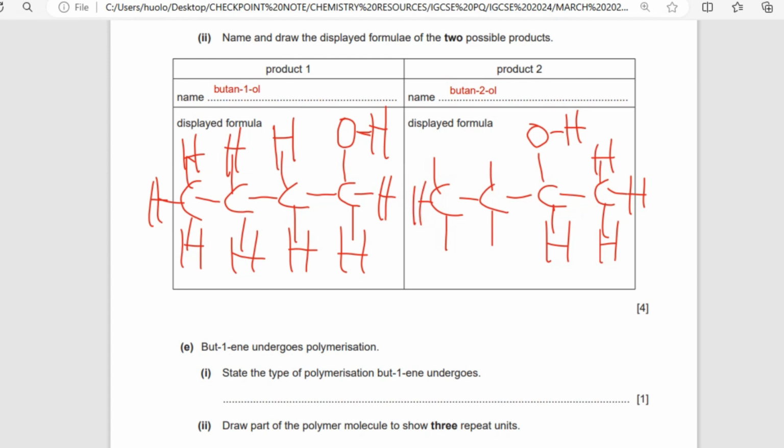Alright, I guess you don't have issues with the display formula. In the display formula, you are showing how all the atoms connect themselves with either single bond, double bond, triple bond, as the case may be.